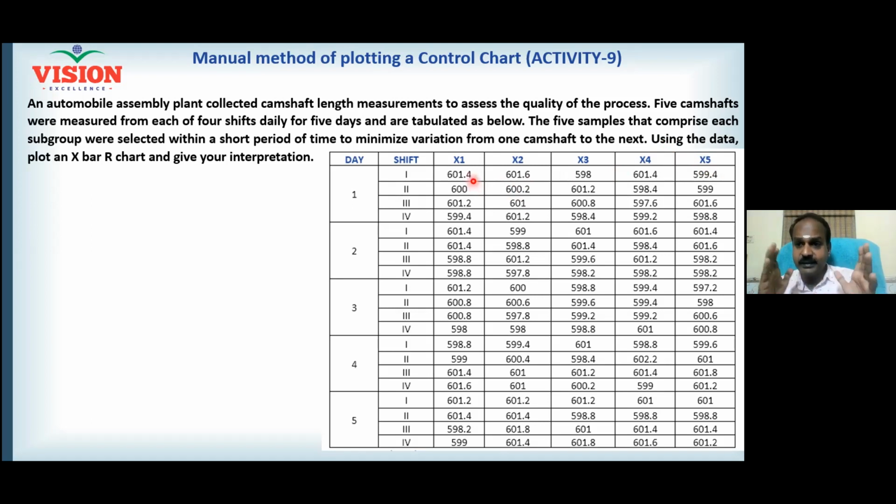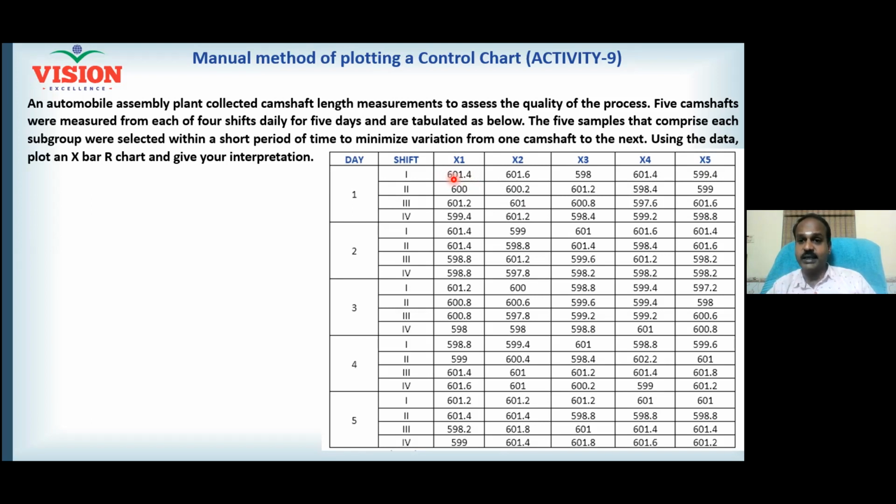Do you want the 5 to be a good one or a bad one? You take a sample of 5, you expect the 5 to be good or bad? It should be good. If it is good, you allow the system to continue in shift number 1, isn't it?